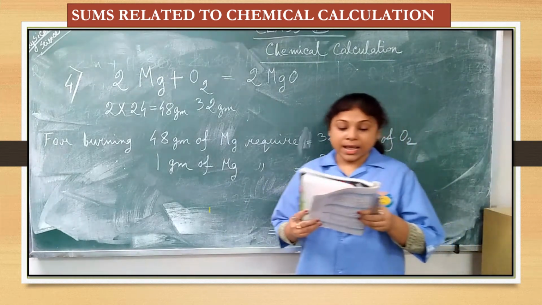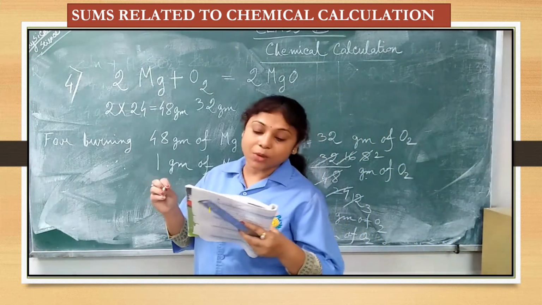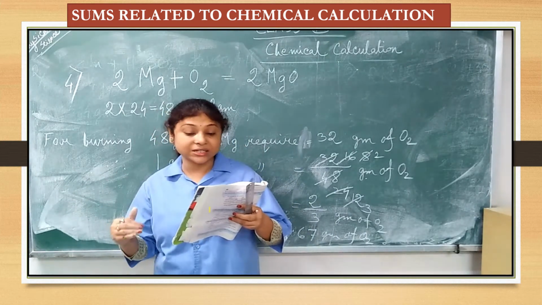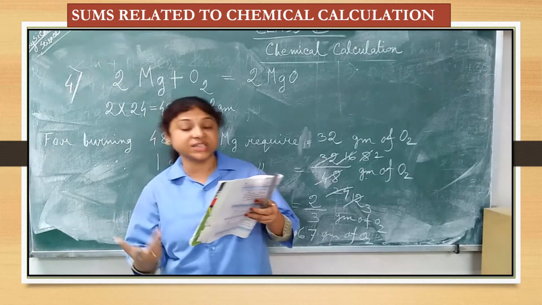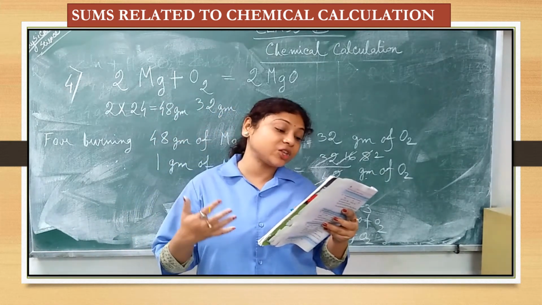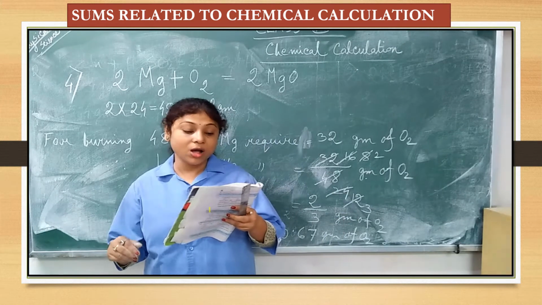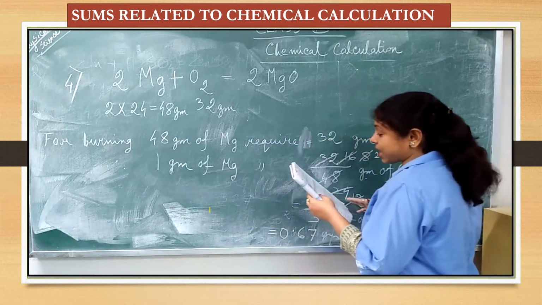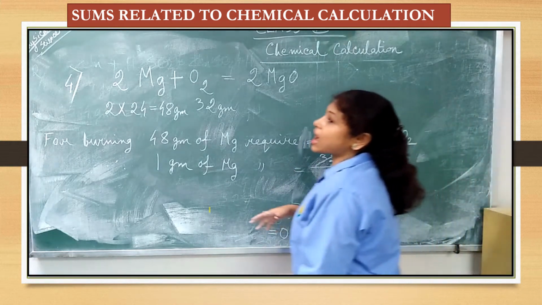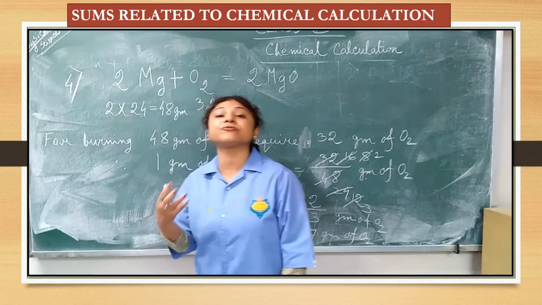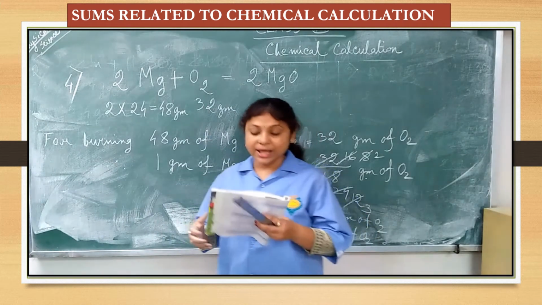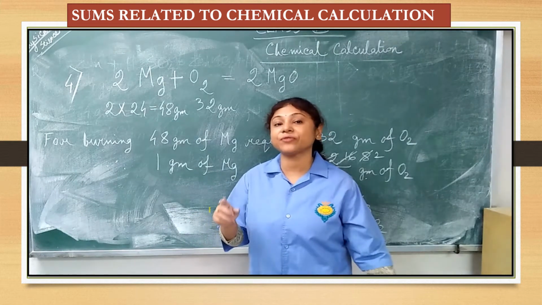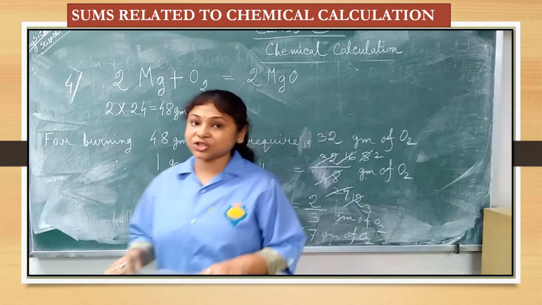Now 0.67 gram oxygen is required to burn 1 gram magnesium, but there is only 0.5 gram of oxygen, so magnesium will not burn completely. So magnesium will remain in excess. That's all.